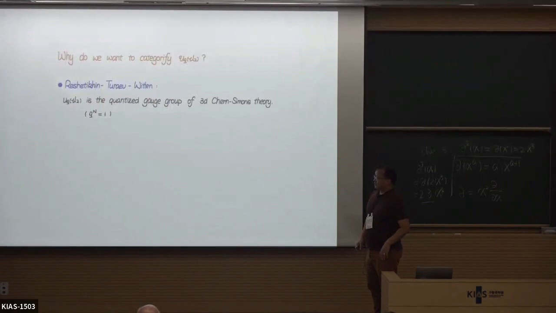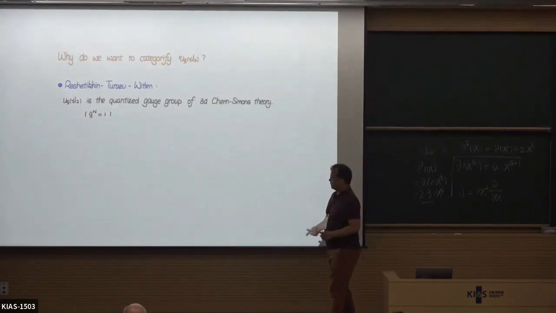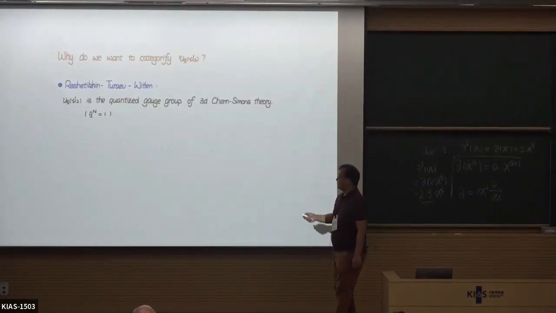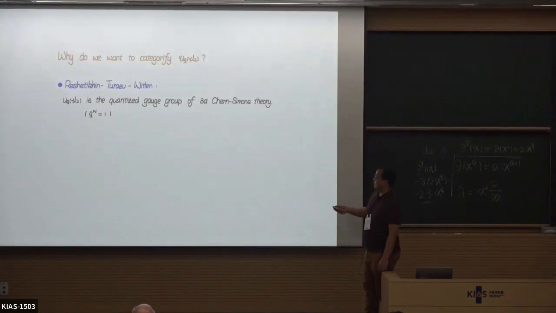So if you have a three-dimensional ball with 4 points removed, what you assign to that three-dimensional ball with a tangle removed is precisely a representation of the quantum group, and the braid group acts on it, and that gives you a way of constructing knot and link invariants as done by Jones. So the quantum group is sort of the quantized gauge group in Chern-Simons theory.